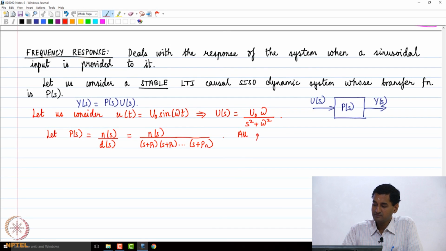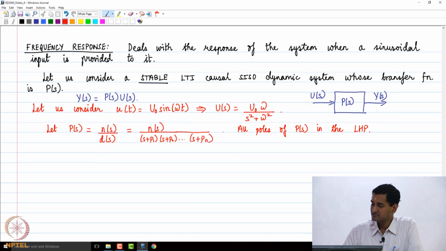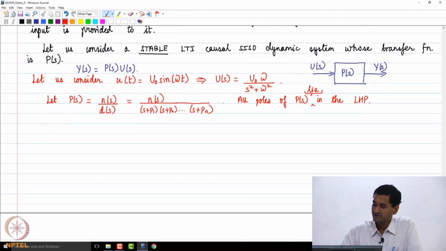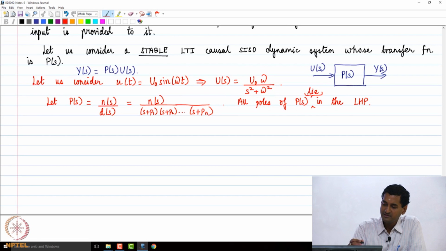All poles of P of s lie in the left half of the complex plane, right. Why? Because we are assuming a stable system to begin with. So, all poles of P of s lie in the LHP, which is something we have already presumed in this discussion.